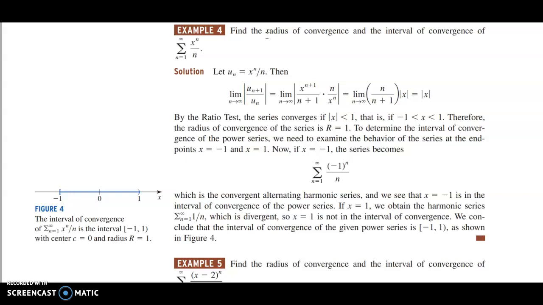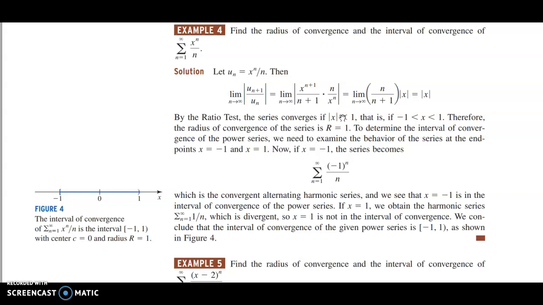Next we have to take the limit. The limit as n tends to infinity of mod u_(n+1) divided by u_n, which is equal to the limit as n tends to infinity of mod x raised to n plus 1 divided by n plus 1, divided by u_n, which is x raised to n divided by n.